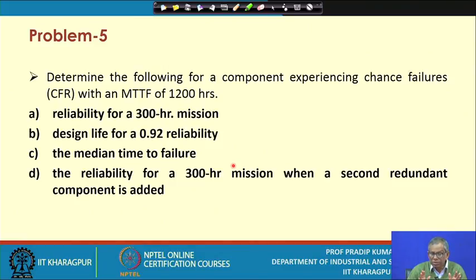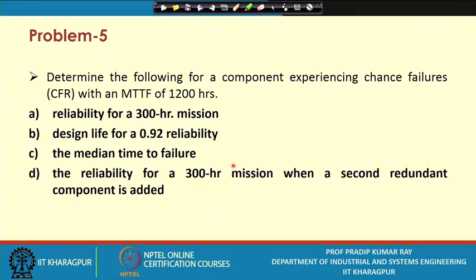So the component experiencing chance failures means there is randomness. It might fail, but there are no assignable causes. It is failing because of some natural causes, and these natural causes do exist in the system.